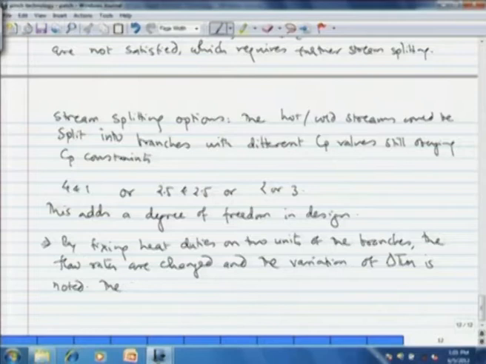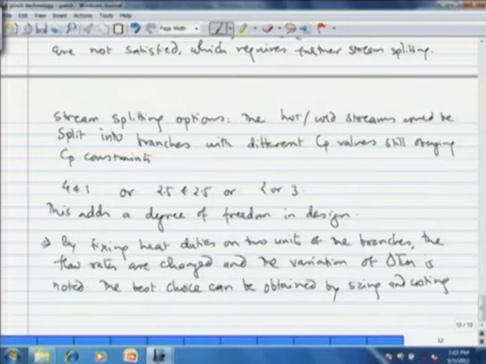The best choice can be obtained by sizing and costing of various units in the completed network for different branch flow rates.